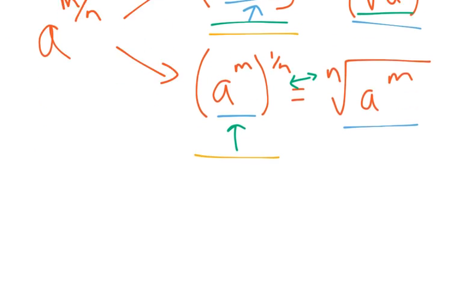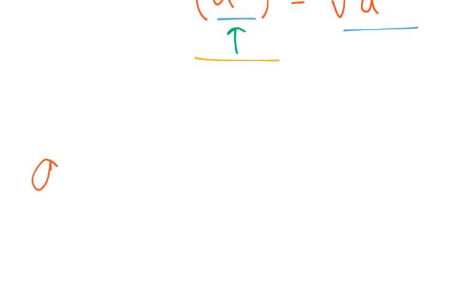The other scenario we showed in class was if your exponent was negative, a to the negative m over n power. There's an exponent property that deals with negative exponents. We want to make negative exponents positive. We want to write them as positives if at all possible, and it is possible.